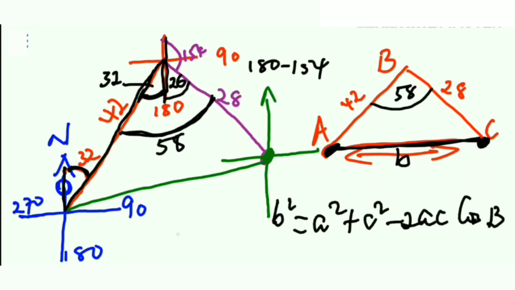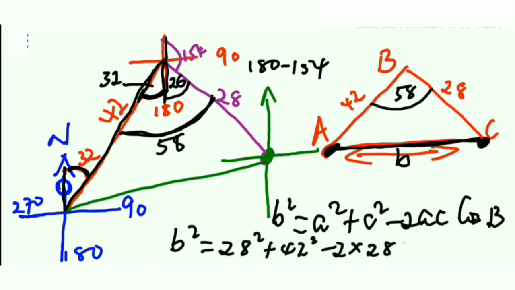So B squared equals 28 squared plus 42 squared minus 2 times 28 times 42 cos 58 degrees.